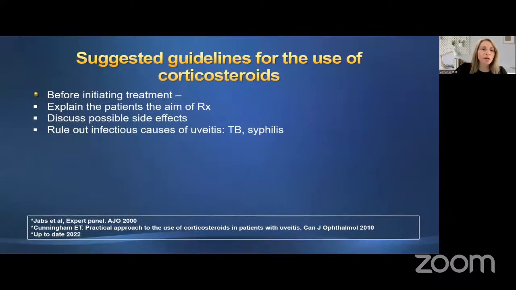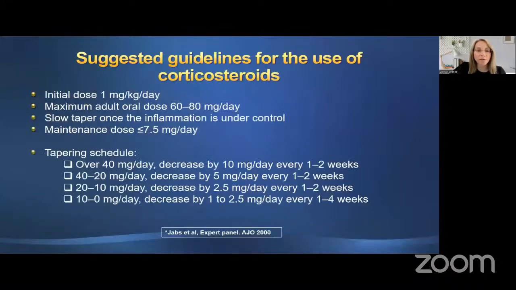Most important is to discuss and explain to our patients the aim of treatment, to discuss possible side effects, and to rule out infectious causes of uveitis, such as TB and syphilis. The recommended initial dose is 1 milligram per kilo per day, with the maximum dose of 60 to 80 milligrams per day, and slow tapering once the inflammation is under control, with a maintenance dose of equal or less than 7.5 milligrams per day.